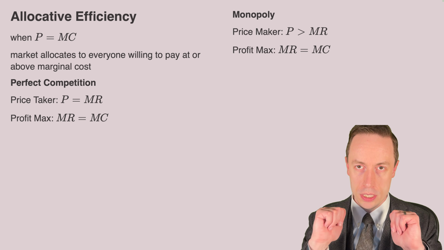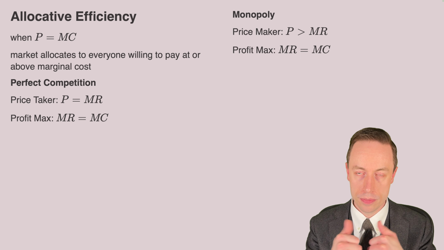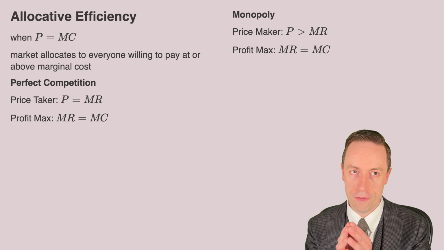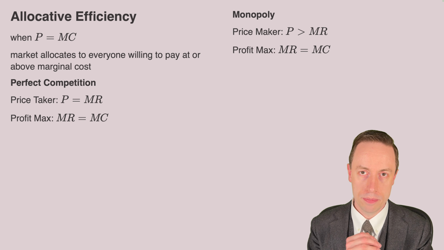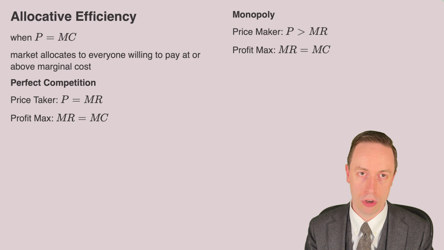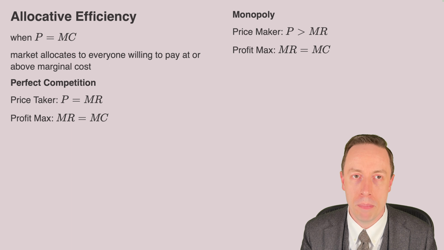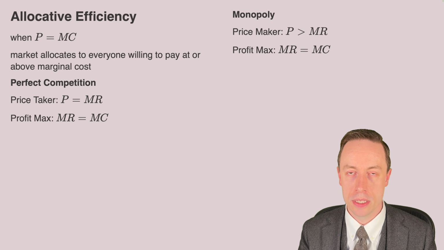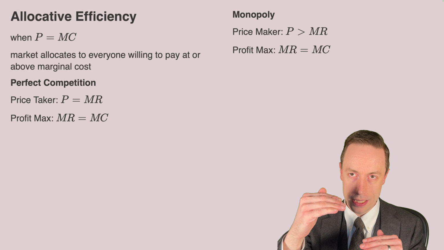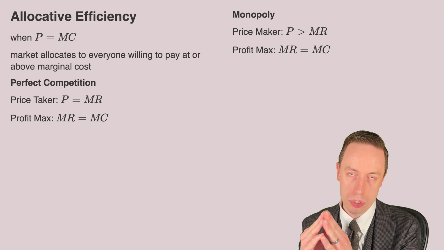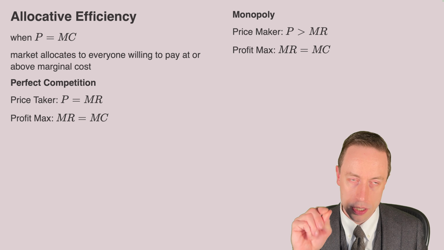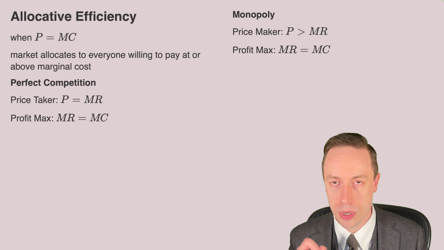And we say a market is efficient in an allocation sense if everybody who values the product in a willingness to pay sense at or above the cost of making another unit of that product, at or above marginal cost, is allocated the product.